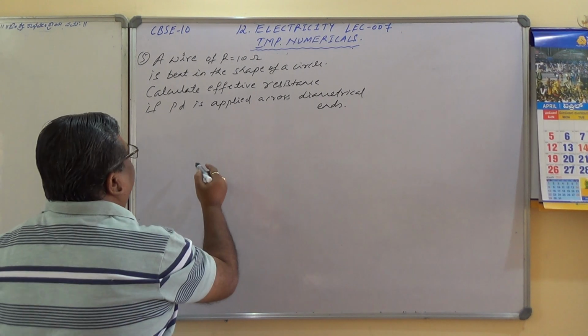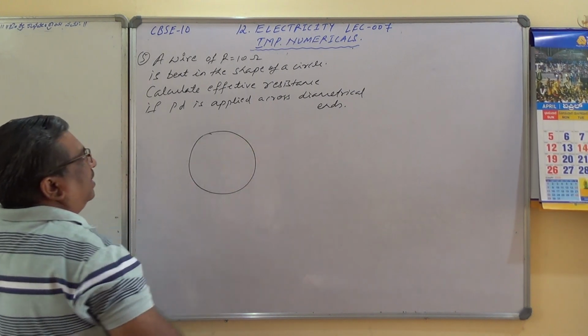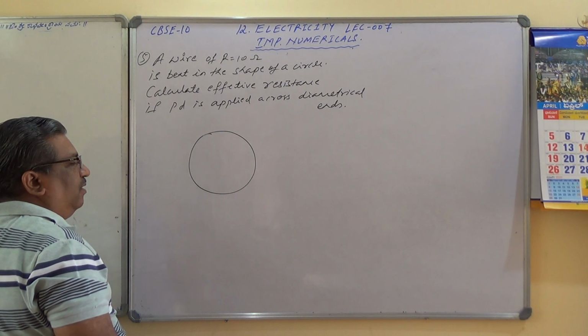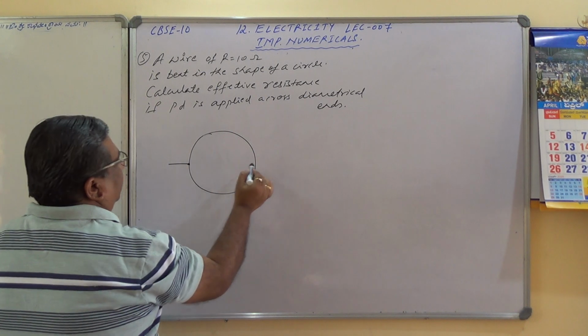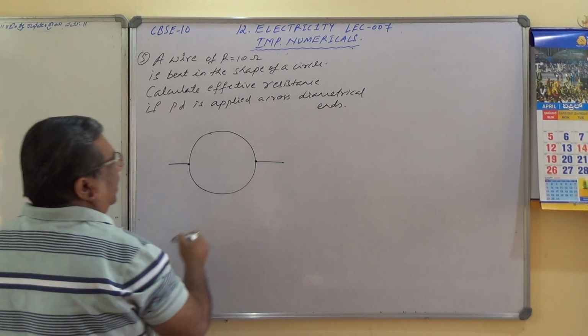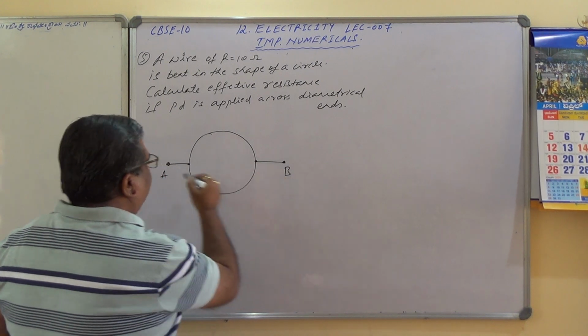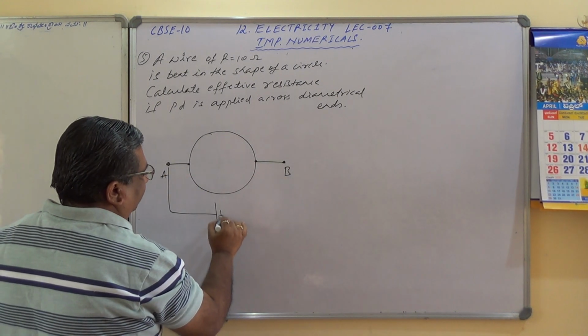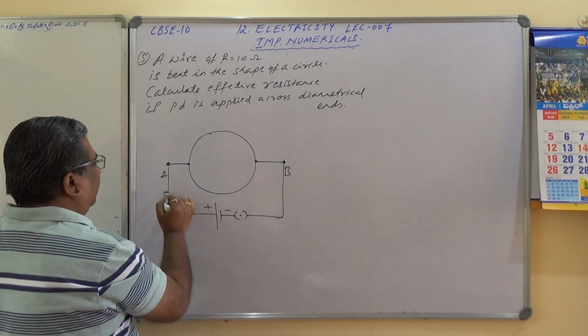So here, look here, a wire of length L, it is bent in the shape of a circle. You understood? And the potential difference is applied across the diametrical ends like this. This is A and B, across which the potential difference is applied. This is the meaning of potential difference applied here.